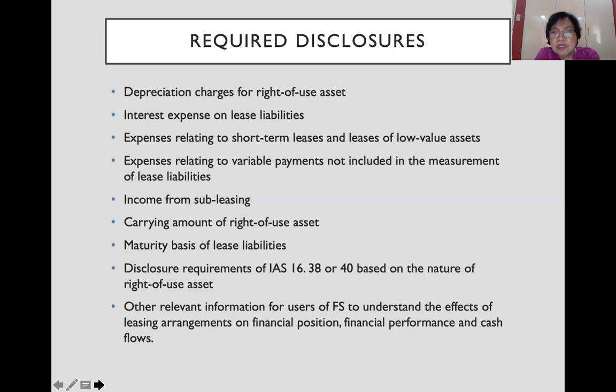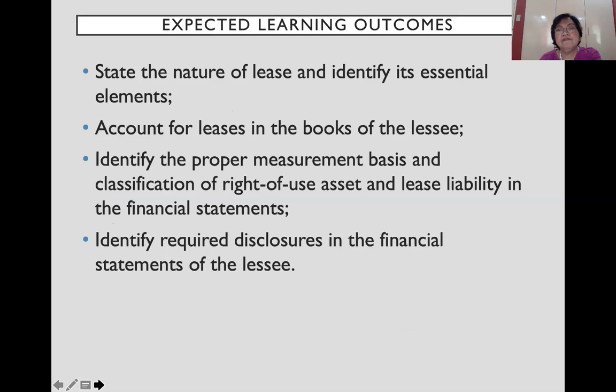And other relevant information for users of financial statements to understand the effects of leasing arrangements on financial position, financial performance, and cash flows. So to determine how these are presented in the notes, you may see publicly listed companies on how they present information related to lease transactions.